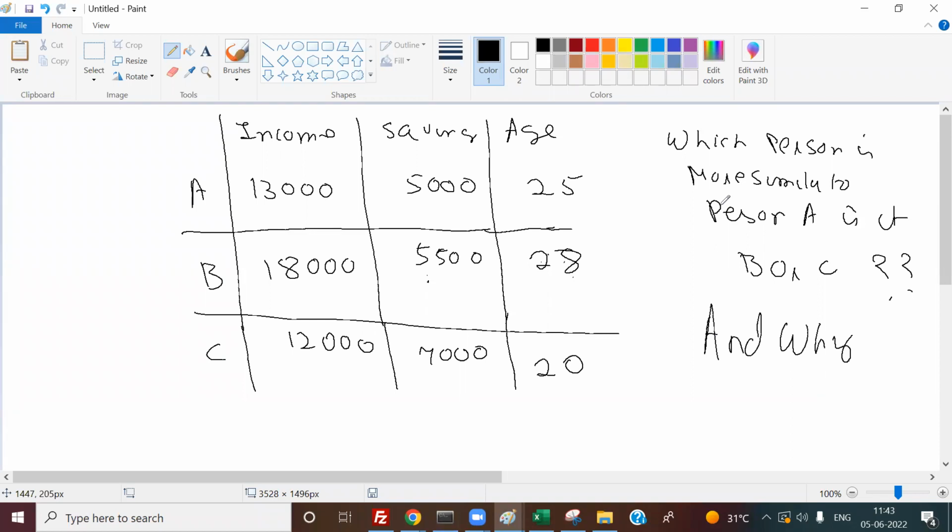If you say C, then why C? कौन होगा सिमिलर?